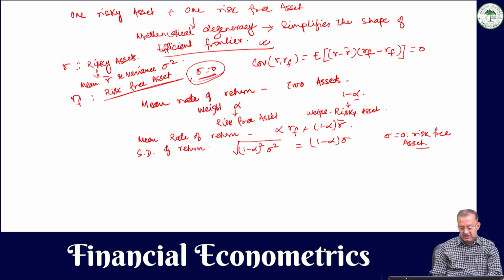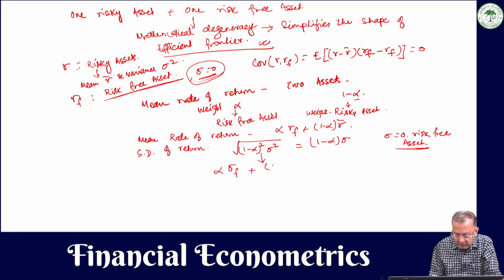For the time being, we write down the general form of the standard deviation: alpha into sigma f plus 1 minus alpha into sigma.